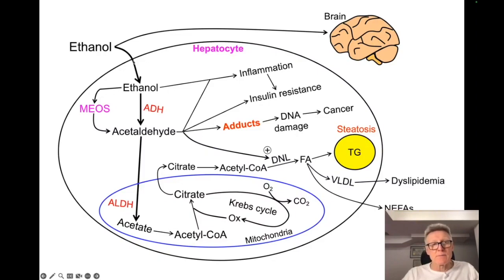So the liver, again, the main function in this particular case is to detoxify by metabolizing ethanol into acetate and then oxidizing it, and then you lose it. But when there is too much of it, you have several other implications, because there is only a limited capacity for the cells to handle ethanol at once.